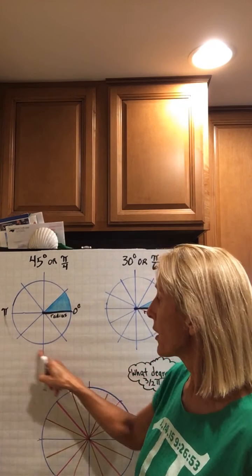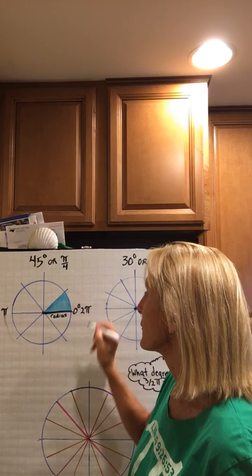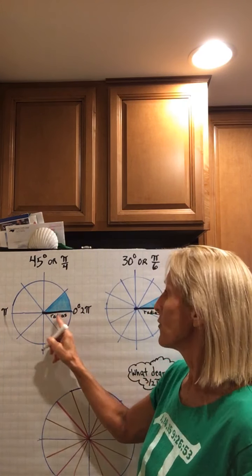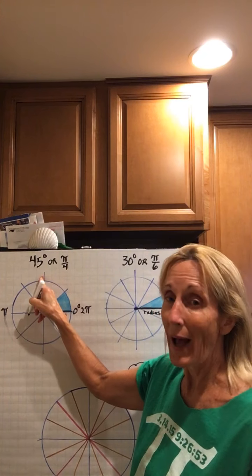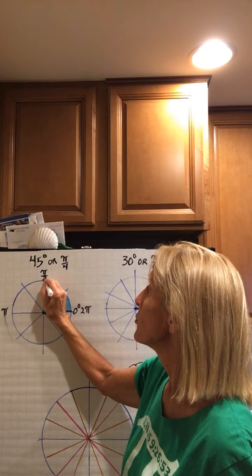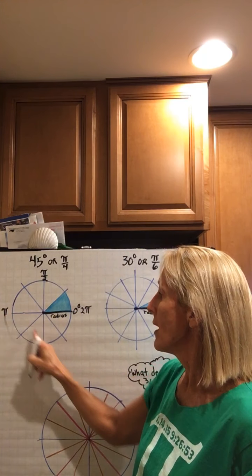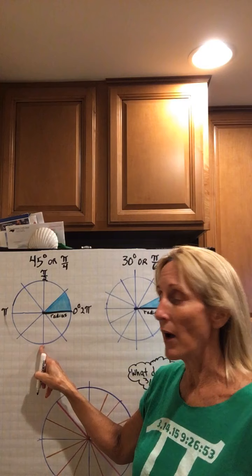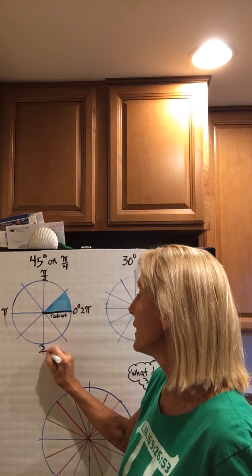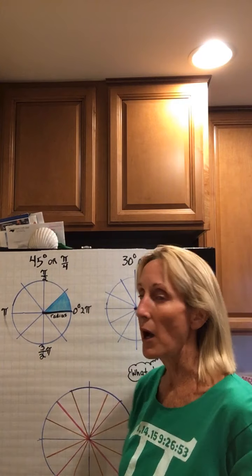I'm wearing my pi shirt. So all the way around a circle would be 2 pi. If this is pi, up here would be half pi, or pi over 2. And if this is pi, this would be 1.5 pi's, or 3/2 pi. And then of course there's 2 pi.